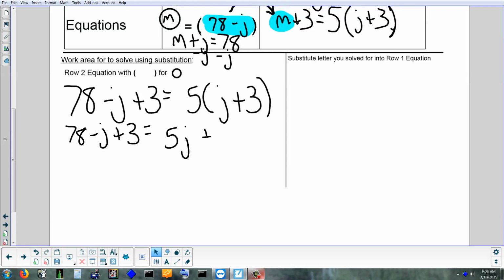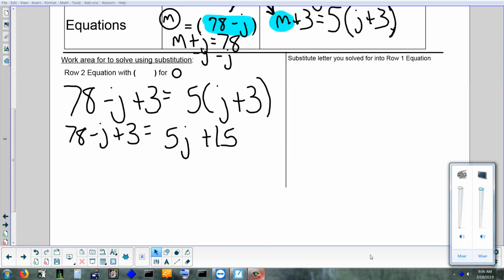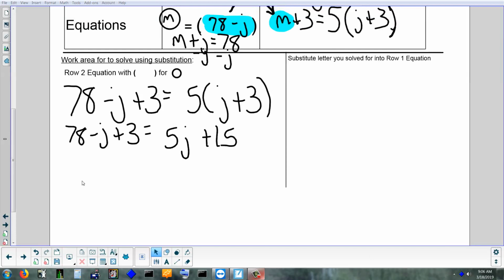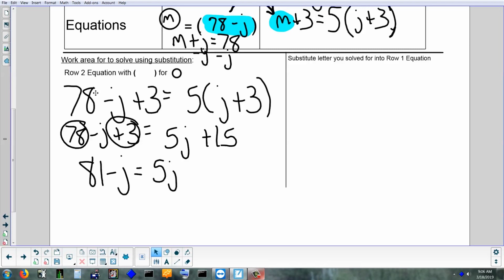Plus 15. So I just distributed. What can I do next on the left-hand side? Anybody see? Ellie? Could you subtract j from both sides? Nope, not yet. What can I do on that left-hand side? Savannah? What am I combining? 78 and a positive 3 is going to give me 81. 81 minus j equals 5j plus 15.